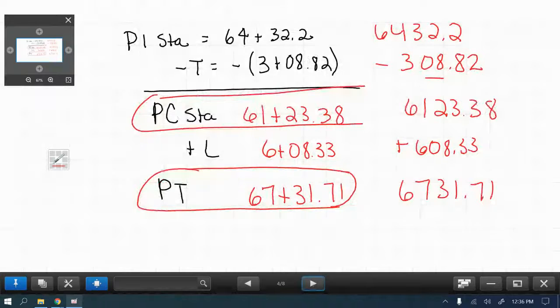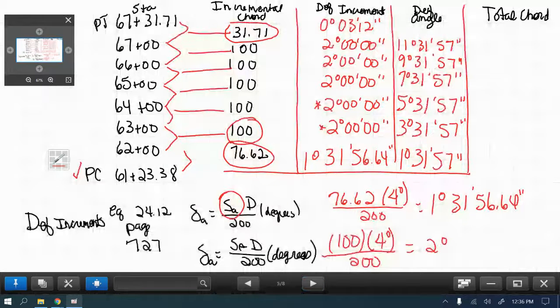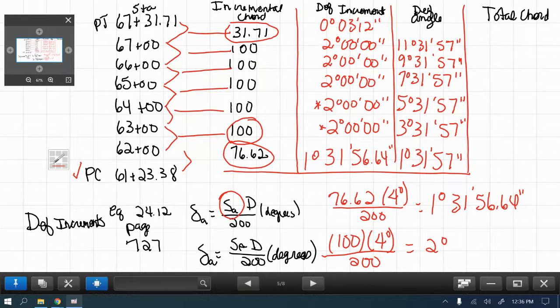So let me see what I did wrong real quick. Well, I'm good up to that one, so I must have done that very last one wrong, because yeah, 11:31:57 is right.